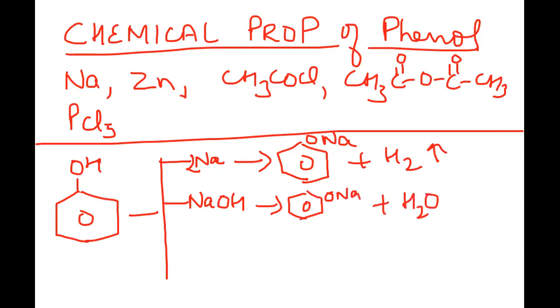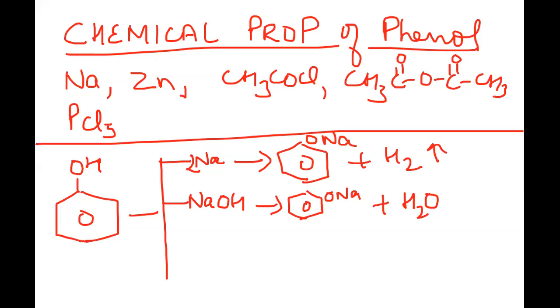So salt and water are formed, a kind of neutralization reaction. But phenol does not react with weak alkalis like sodium carbonate or sodium bicarbonate, because it does not have that much acidic strength to react with weak alkalis.